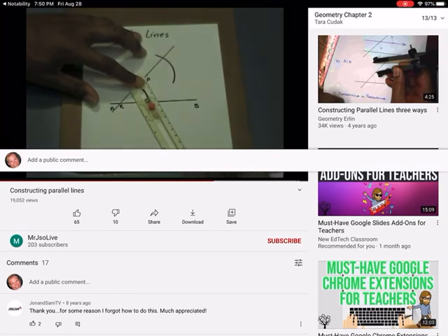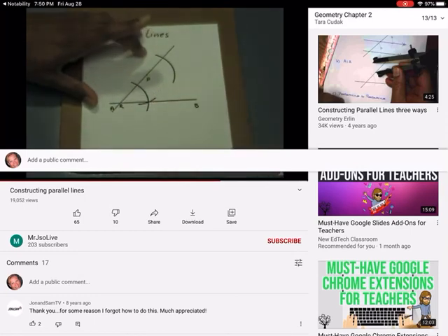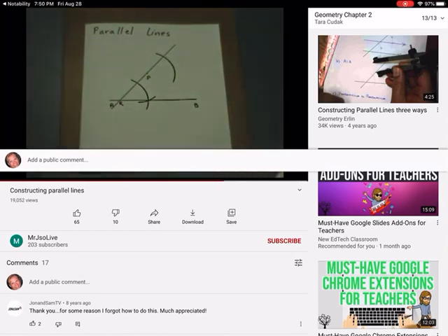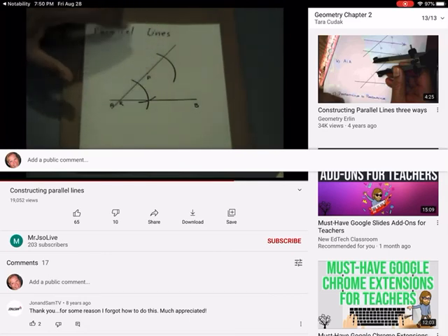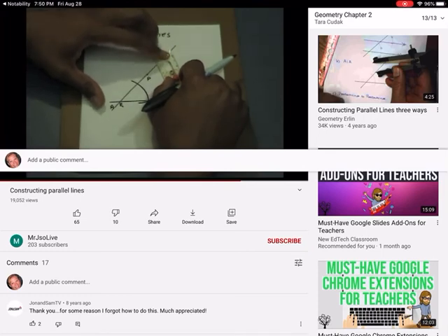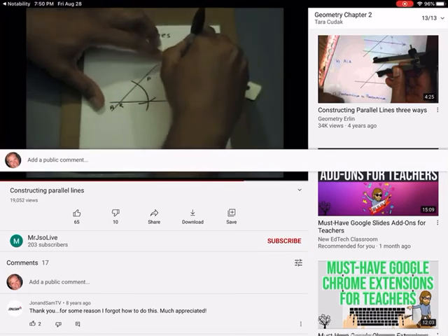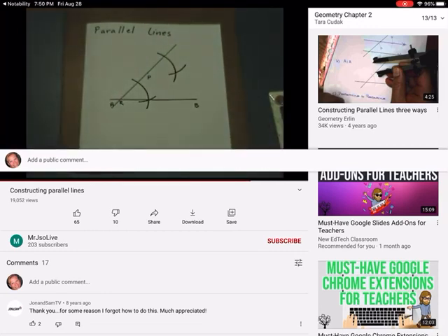Following, I'm going to make a small arc. Next, using this point as my new reference point, I'm going to make a similar small arc. Lastly, to end the process, I'm going to draw a line going from P through where both arcs intersect.